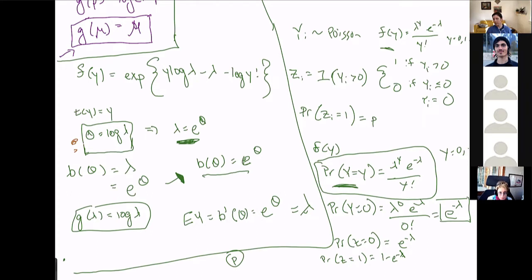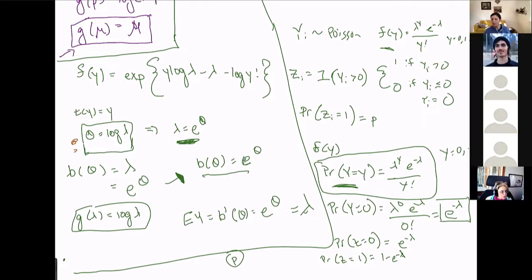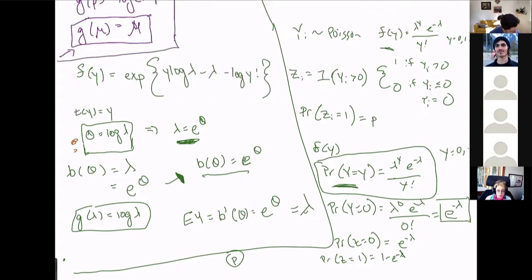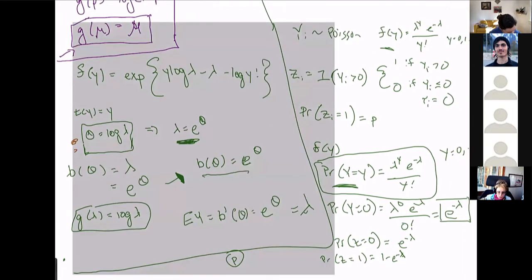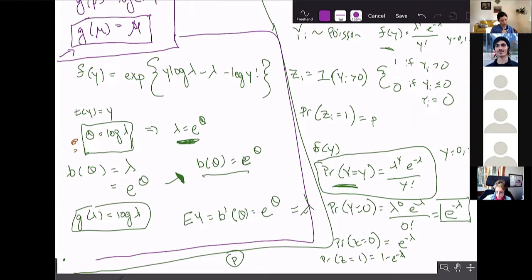For homework 1, I had a question. Sure. I was a little confused by what phi is in number 3 for the Poisson distribution. So what form do you have for your exponential family distribution?